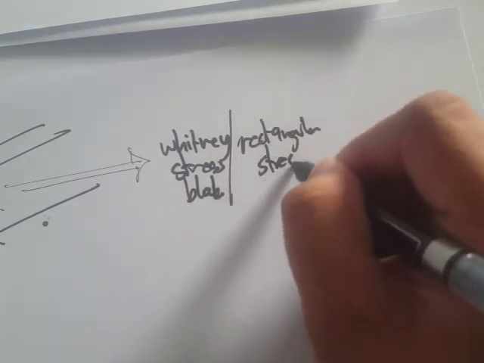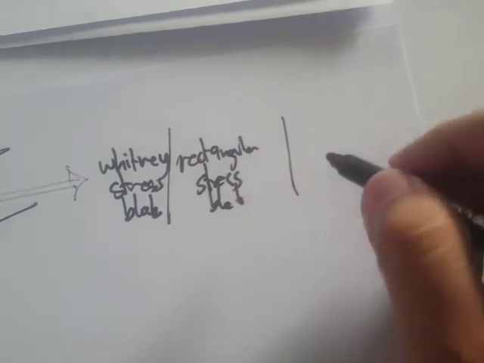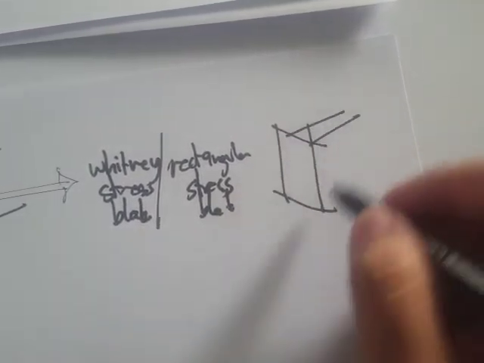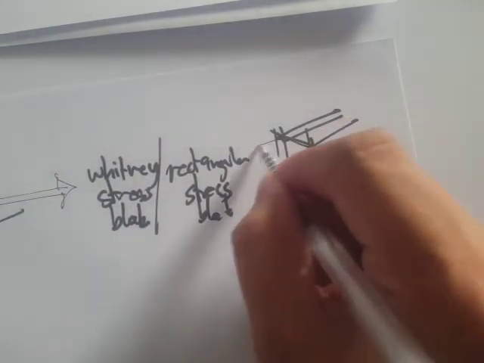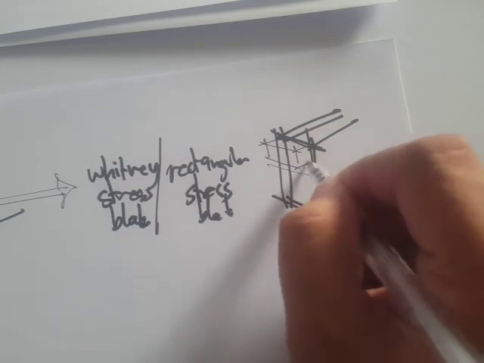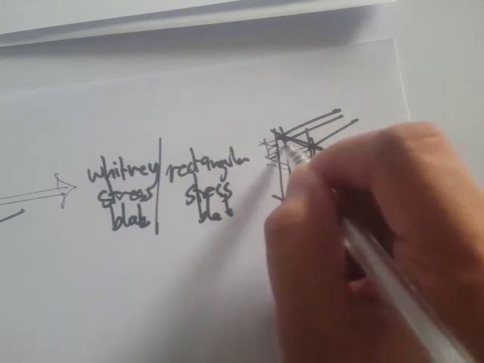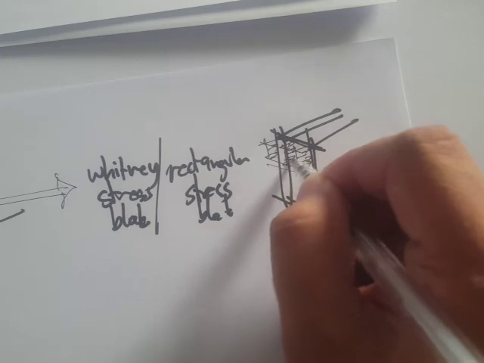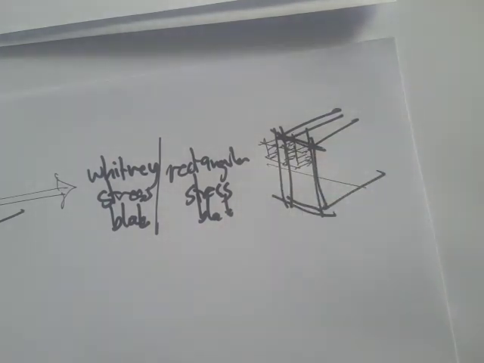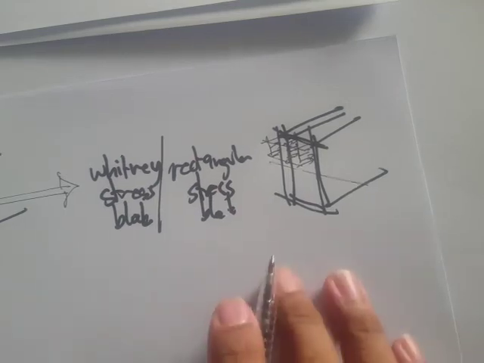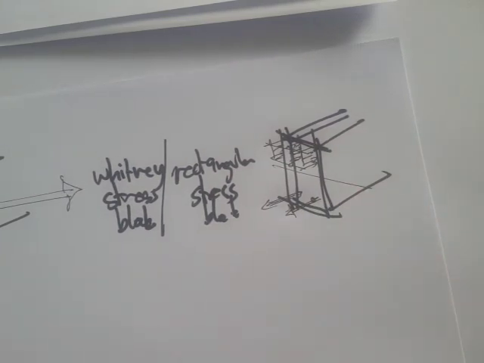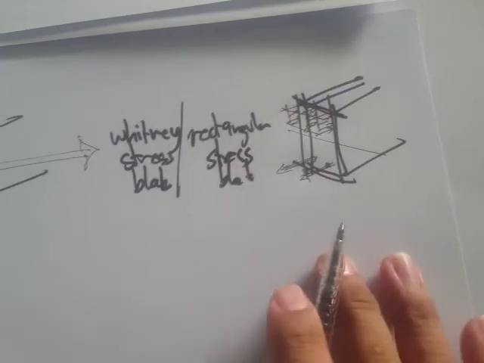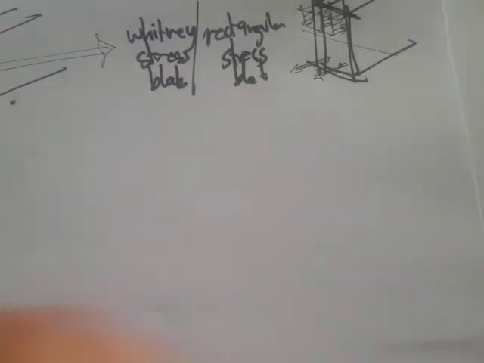Whitney stress block, or rectangular stress block. If you try to draw the section, instead of having this parabolic shape, what we would rather have is a rectangular stress distribution. In that way, we're going to have a more convenient way of doing the calculations. Now let's take a look into the details of this rectangular stress block.